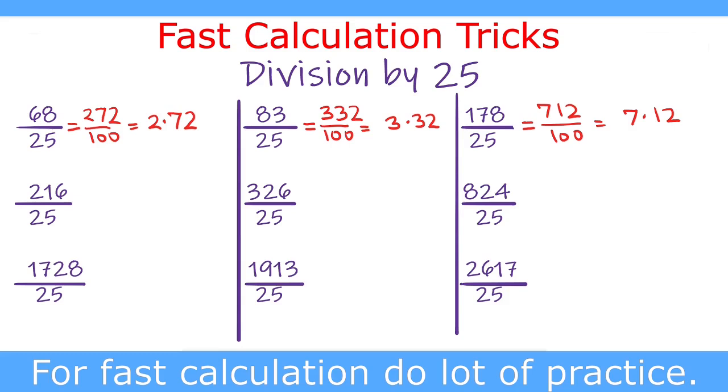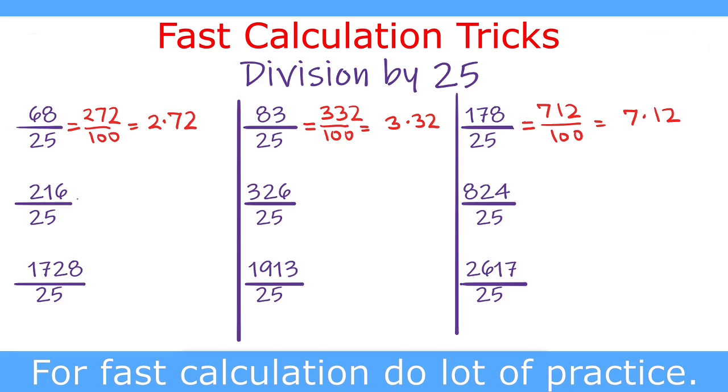The double of 150 is 300 and double of 28 is 56. So this becomes 356. Now you split 356 into 350 and 6. Double of 350 is 700 and double of 6 is 12. So it becomes 712. This way you can do it fast.